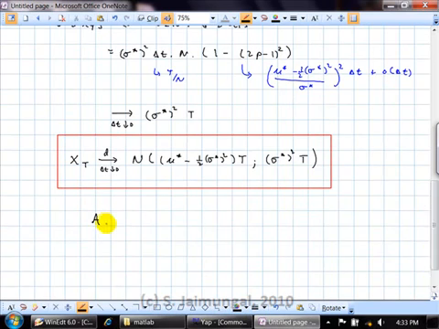And we can write the asset price equal to the initial asset price times e to the x t. So such random variables, which are written as the exponential of a normal, are called log normal random variables.